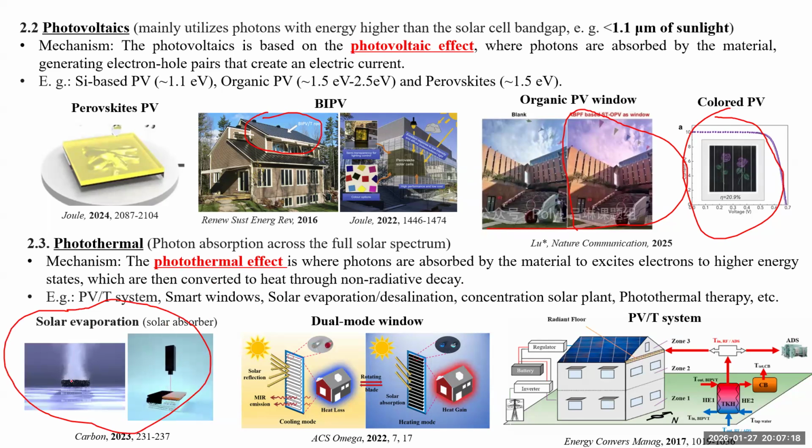Using the interface to absorb solar energy and convert it into thermal energy, and through solar evaporation, for seawater desalination. And in our buildings, we can also make good use of solar energy, just like for dual mode windows, etc. If there's heating, there's a temperature increase and a density variation.